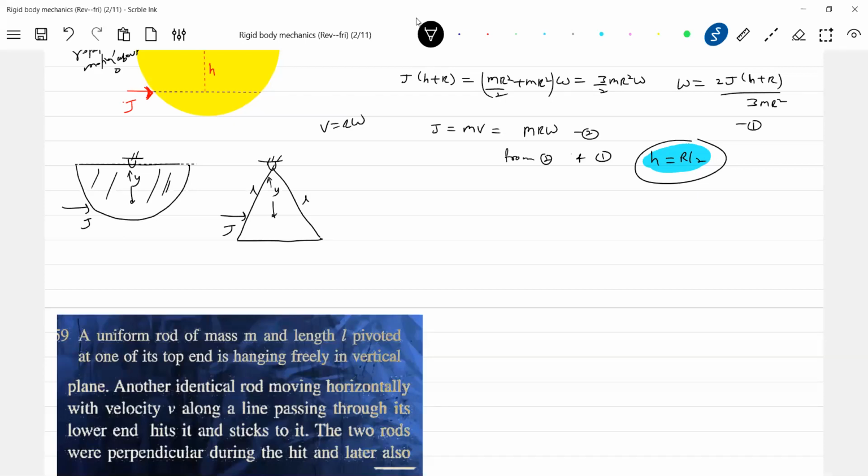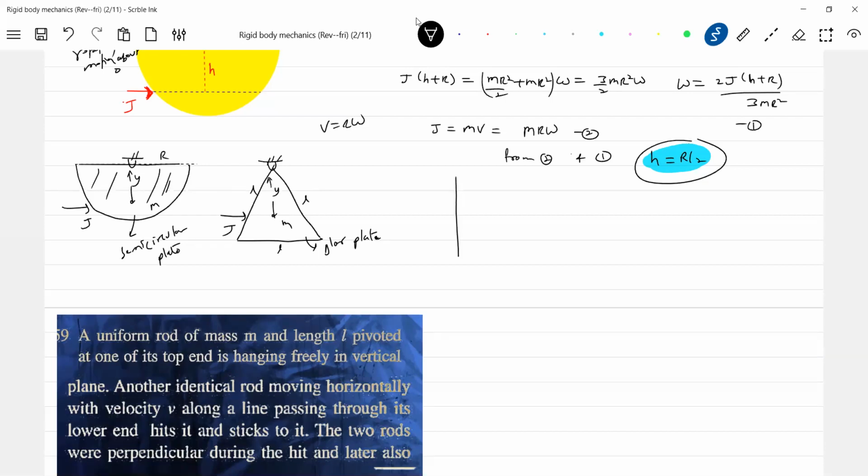So there's an equilateral triangle. Okay, try this. So there's a semicircular plate. Semicircular. You do get so many cases here.